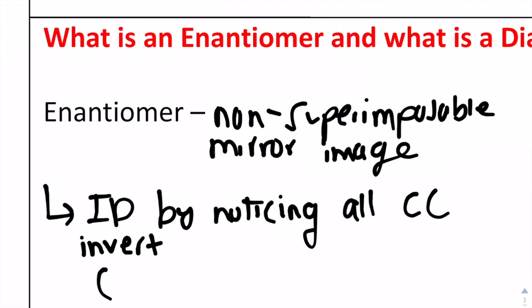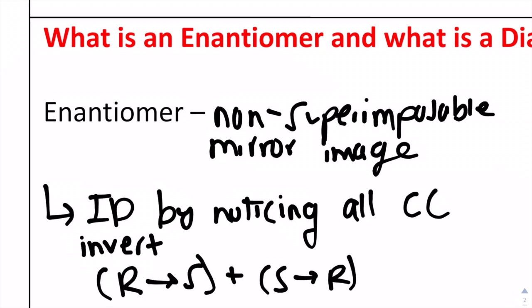Meaning, we just figured out what R and S means. So that's basically assigning a specific name to it. So if the R's go to S's and all the S's go to R's, that is the definition of an enantiomer. This can also be commonly noted if I see wedges going to dashes and those dashes all going to wedges.